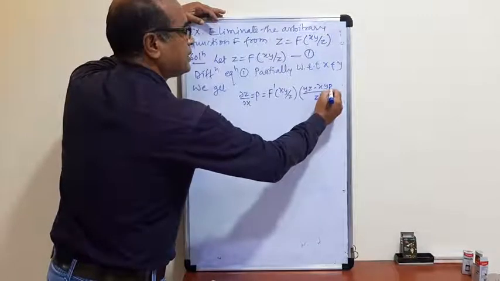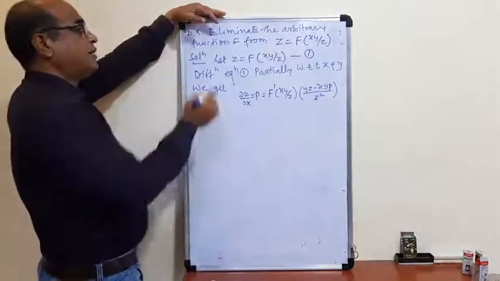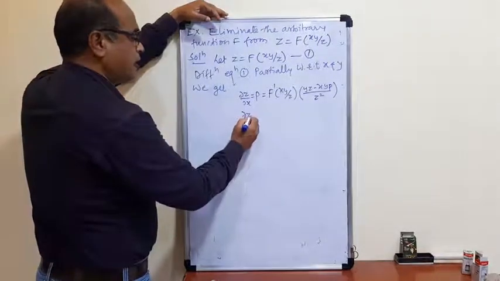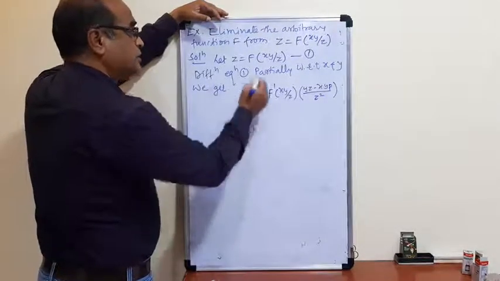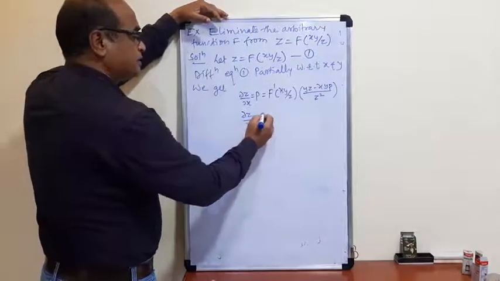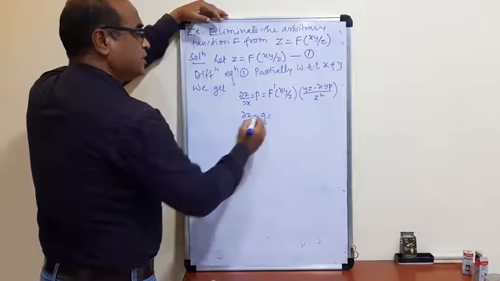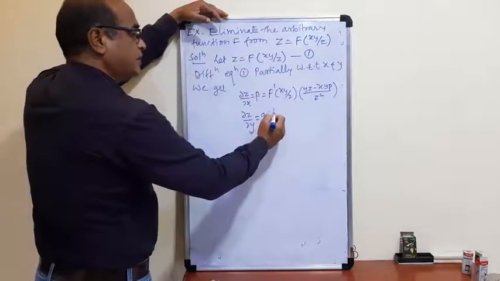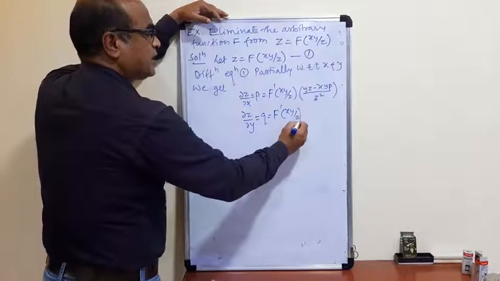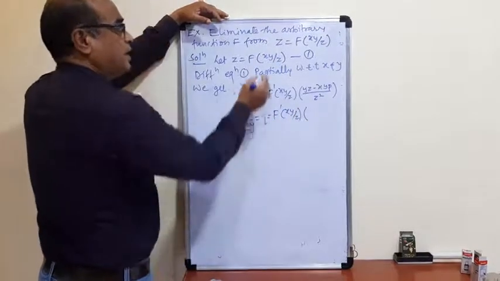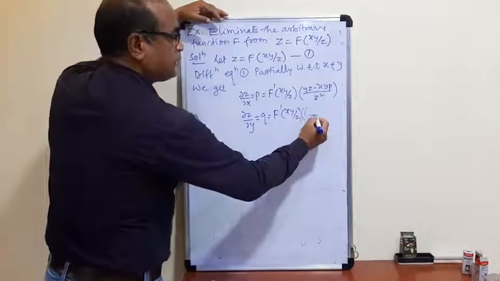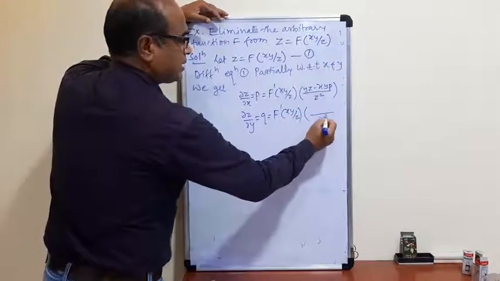That is p. Okay. Again we differentiate this equation with respect to y. So that is dou z by dou y, derivative of z with respect to y. So we denote this by letter q, small q, is equal to, what is the derivative of this? So that is f dash of xy upon z into its derivative. So that is division rule, z square.